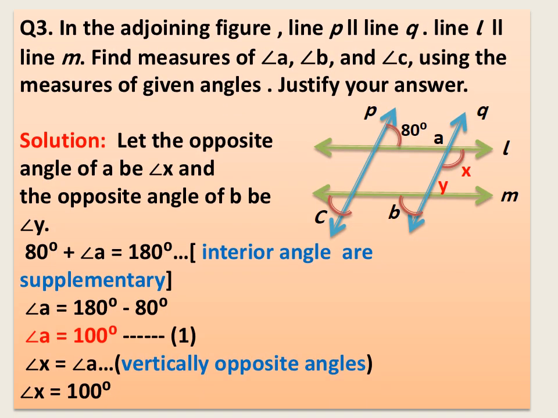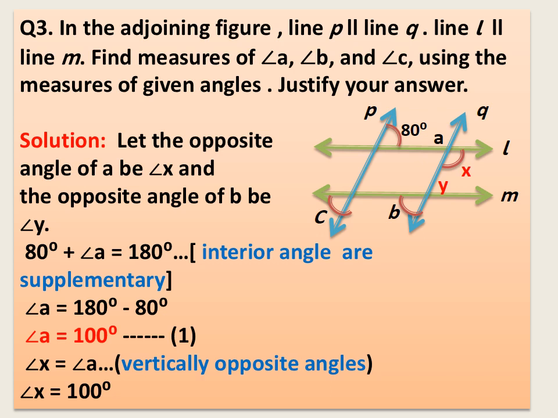Question 3. In the adjoining figure, line P is parallel to line Q, and line L is parallel to line M. Find the measures of angle A, angle B and angle C using the measures of the given angles. Solution.